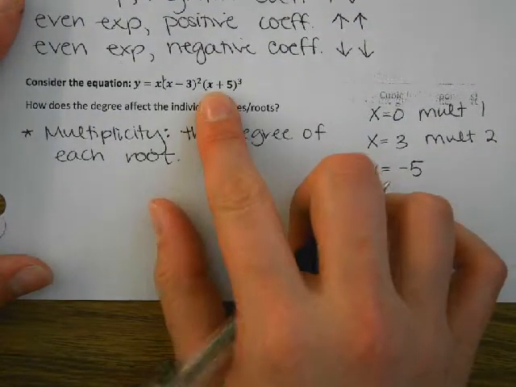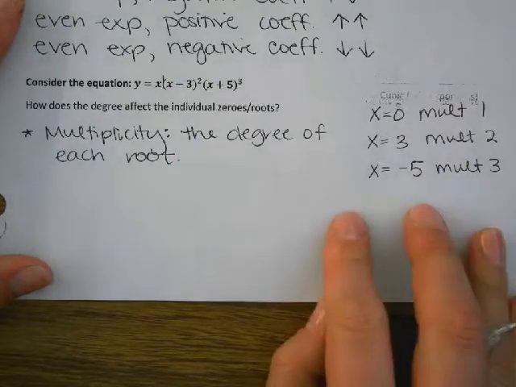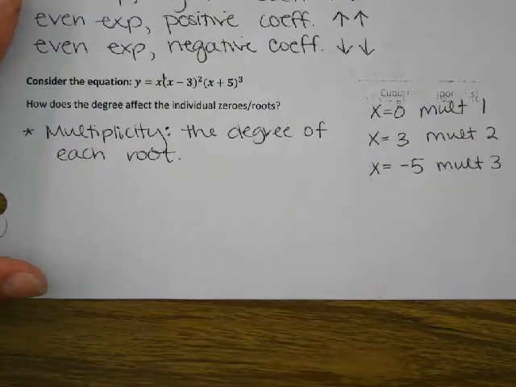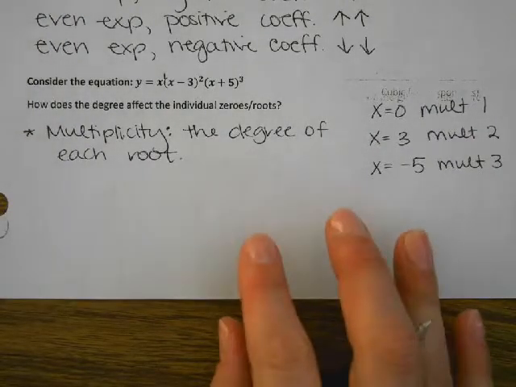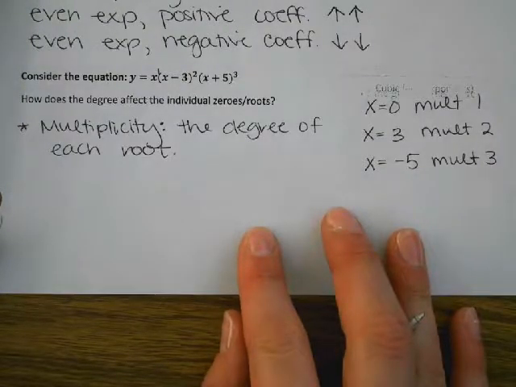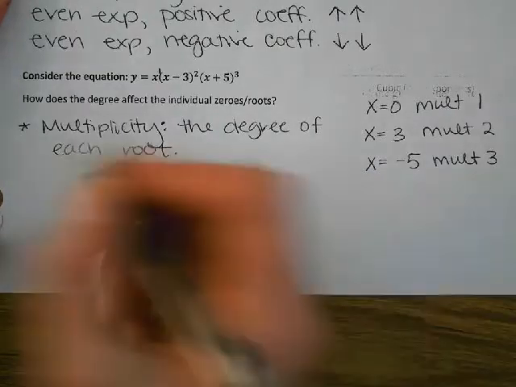And x plus 5 to the third has a multiplicity of 3. So this is just a way to make the factored form easier to figure out. Basically, the multiplicity is the degree of each root.